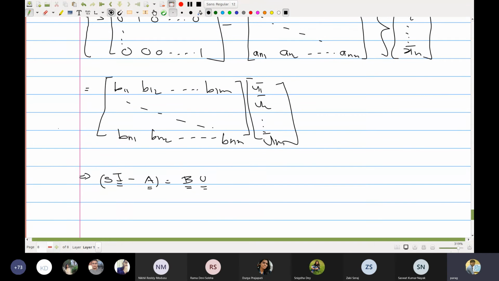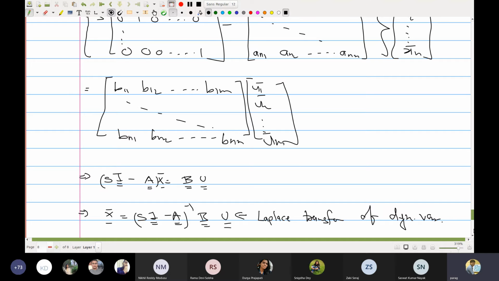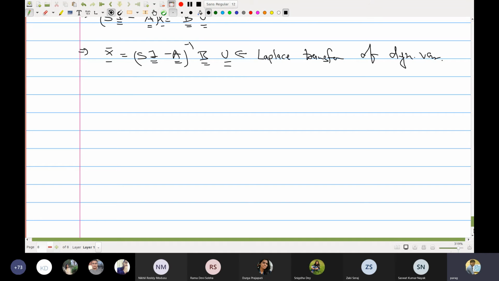In other words, X bar vector is the inverse of (sI minus A) times B times U. So this is the expression for the Laplace transform of the dynamical variable for a multiple input, multiple output system.